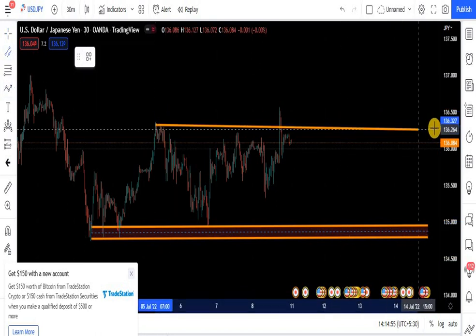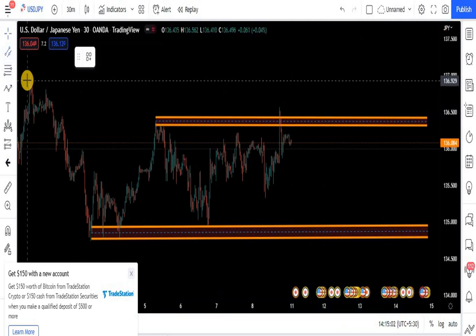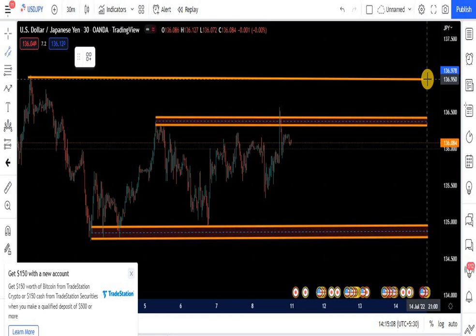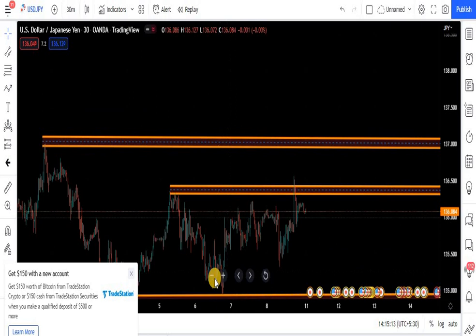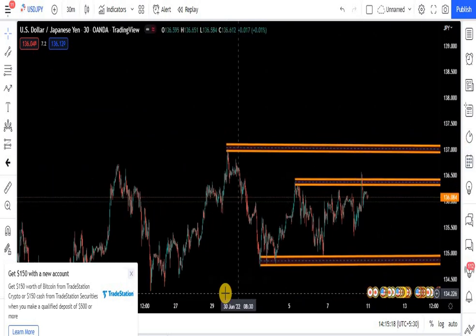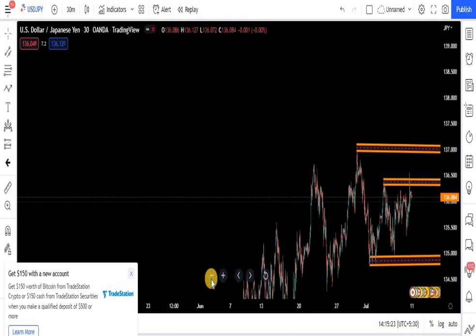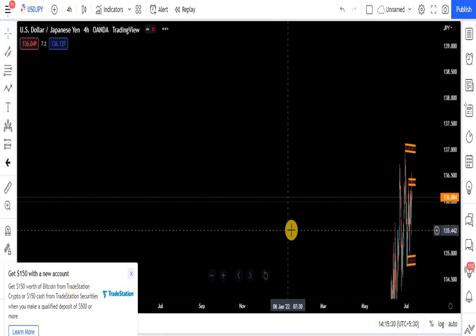USD JPY is not very highly volatile. It is very simple. It is not a very fast momentum pair. So we create those important areas for next week where the market should go. And if you are not able to see previous levels, you look back a little bit to get the best levels. 1 hour or 4 hours, because I'm not able to find it.